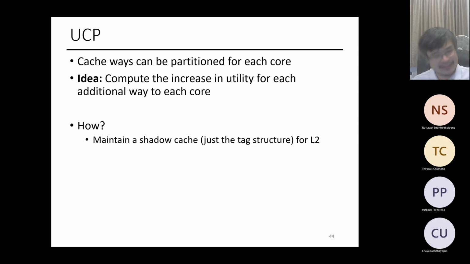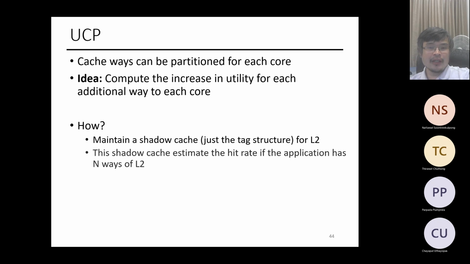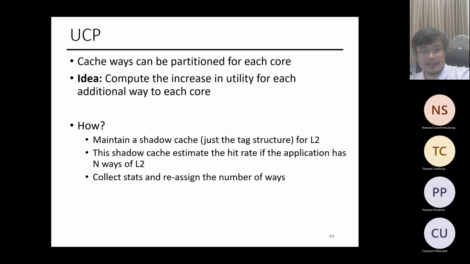So it doesn't contain any data, the full-blown data of the cache. It just has the tag structure for the L2. And it would estimate the hit rate for that application if the application is assigned n ways of the L2 cache. The UCP would collect the stats and reassign the number of ways according to the data.